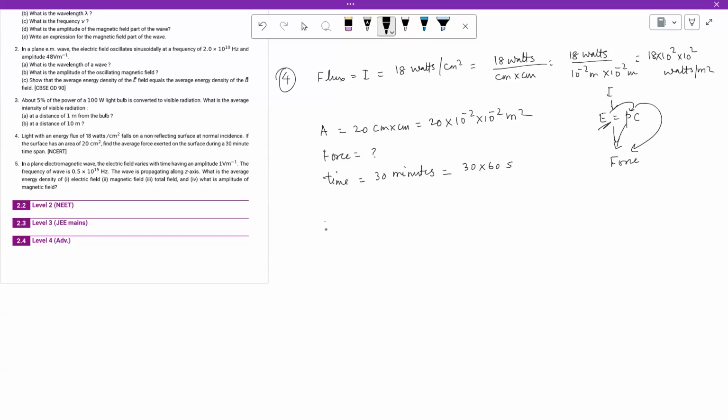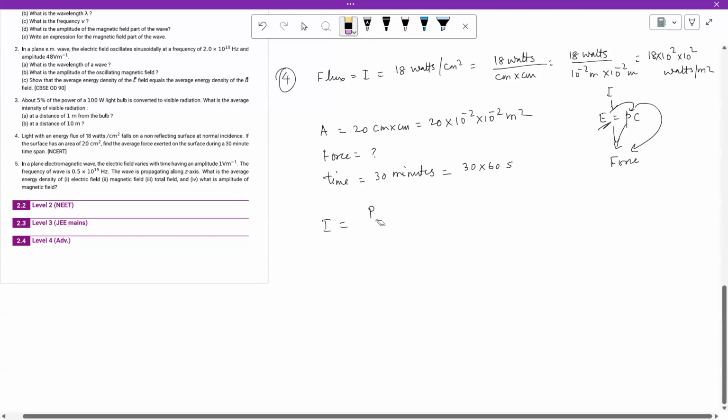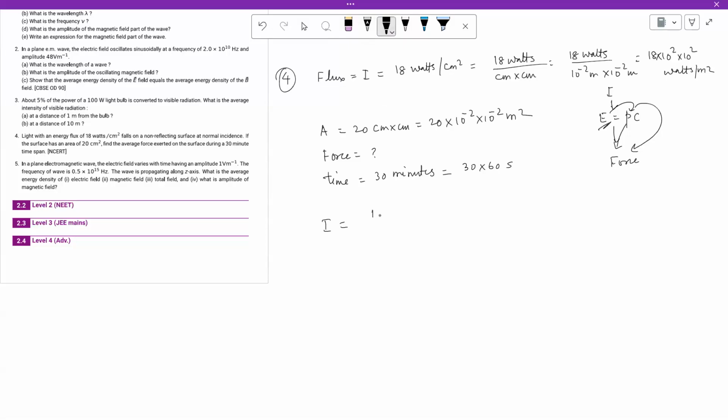So first, let us calculate the energy. Area is given, time is given. Intensity is energy per unit area per unit time, right?